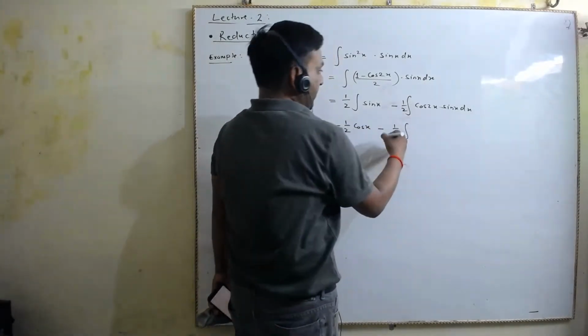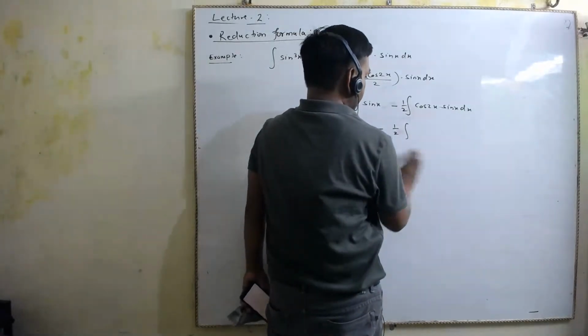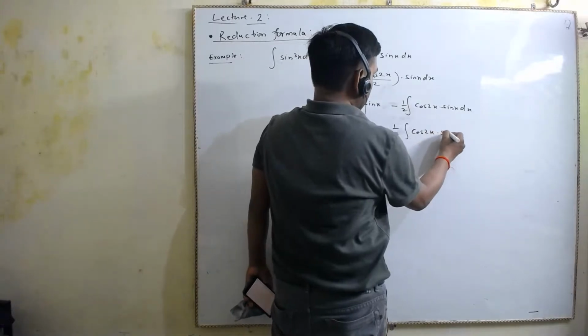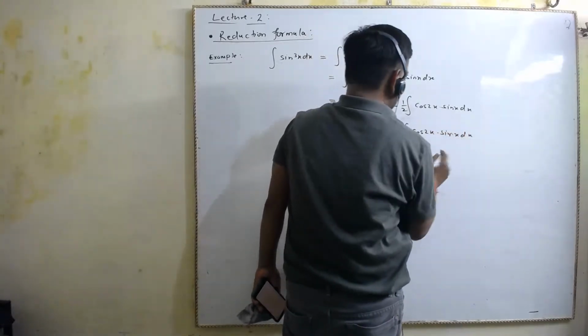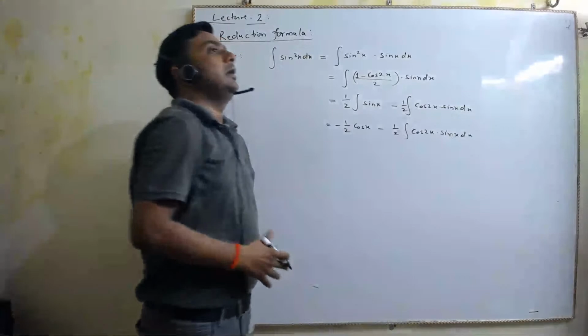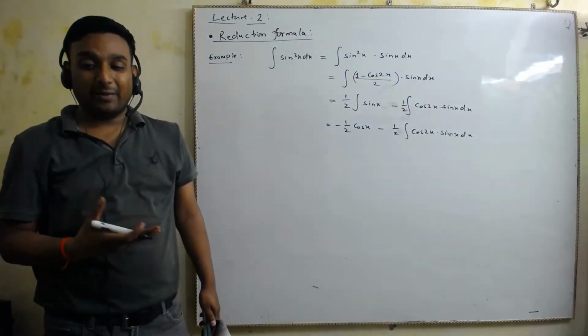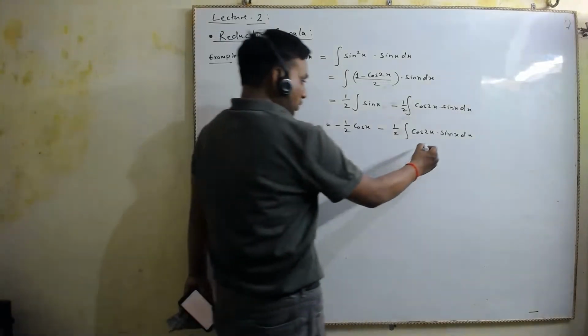This is minus of 1 by 2. Fair. Now, I would like to tell you one thing here. What happens now? What to do next?